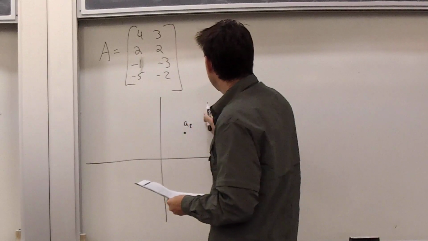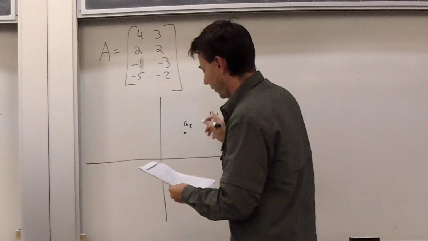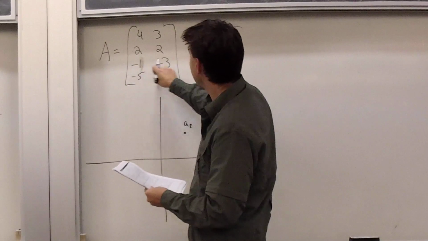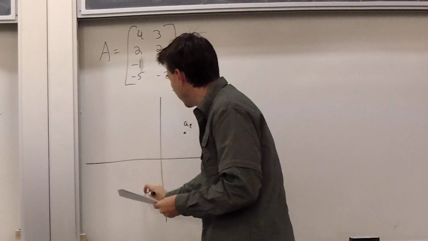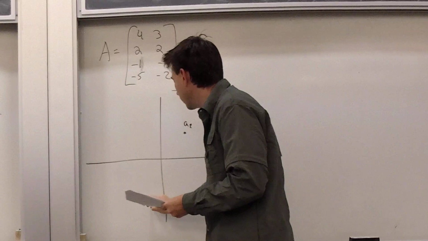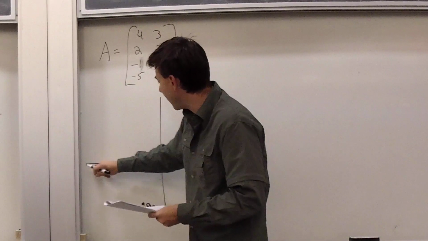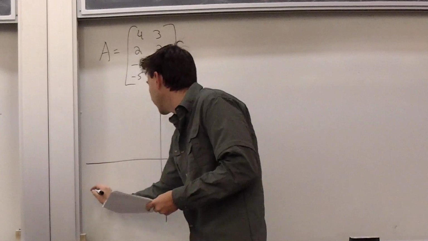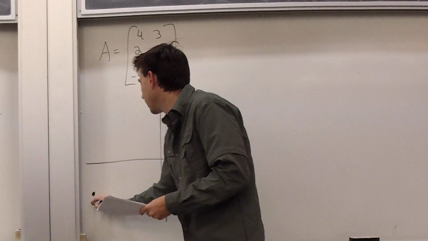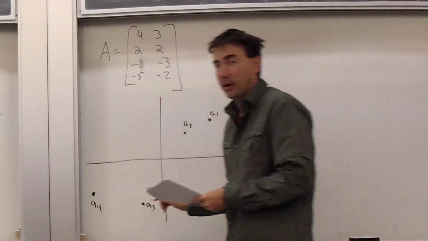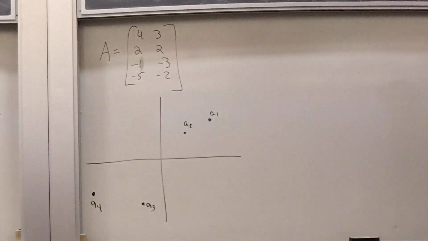This might be A2. The next coordinate, minus 1, minus 3. A3 is down here. And A4 is minus 5, minus 2. Okay, these are 4 points in 2-dimensional space.